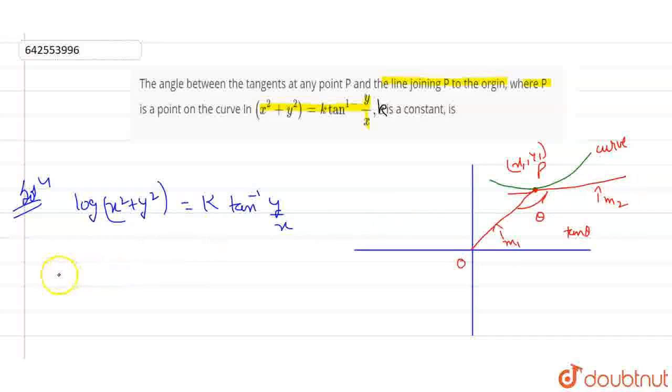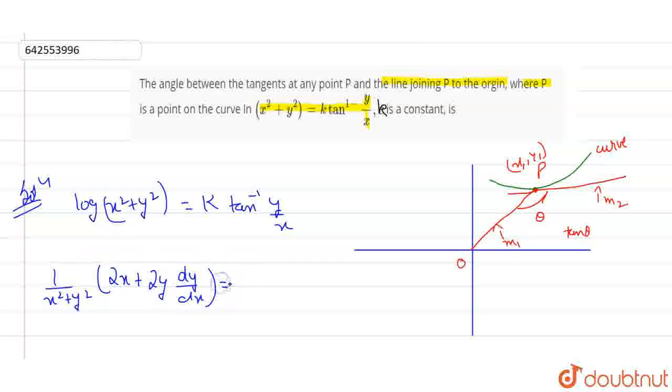So this will become what? If we differentiate it with respect to x, we will get 1 by x square plus y square, and here we have 2x plus 2y dy by dx.